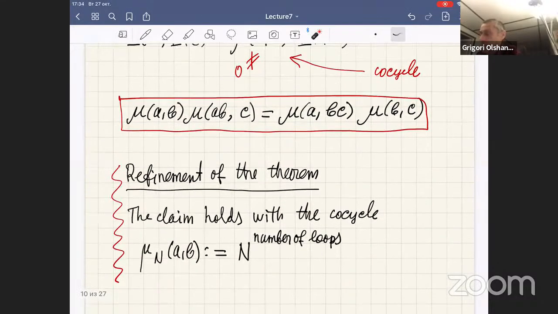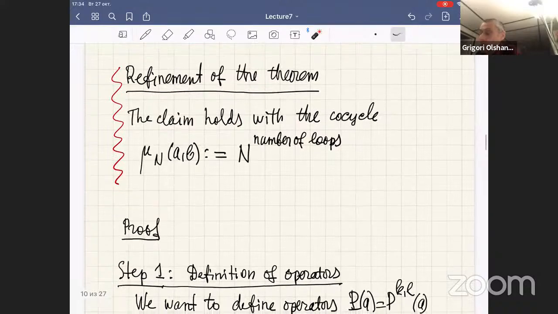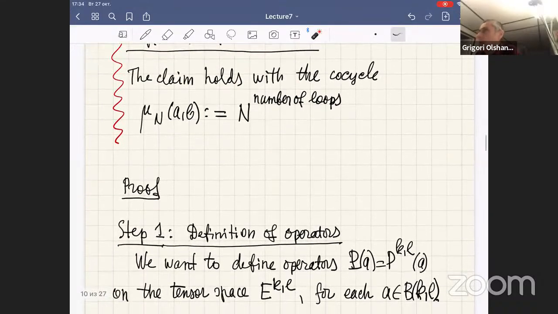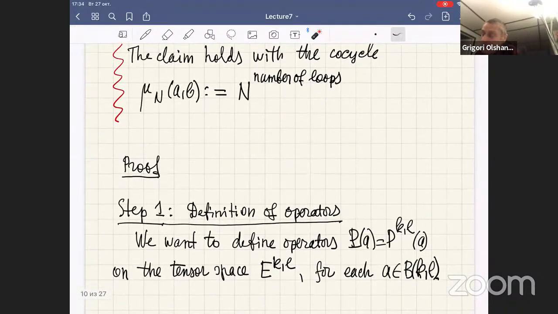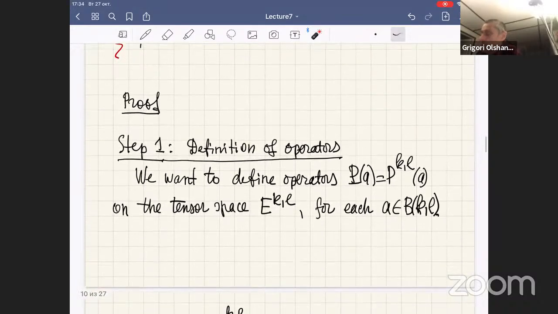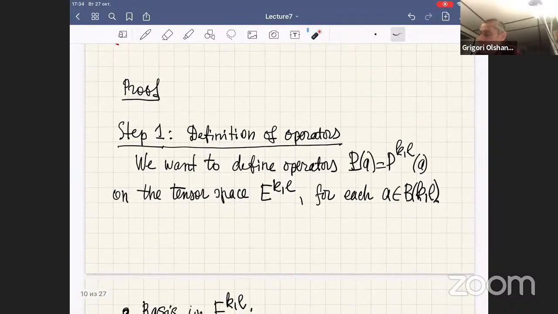So this is the theorem, but we need to prove it and to explain how to make this semigroup, the Brouwer semigroup, act on the space of mixed tensors, which is not evident. So step number one is just the definition of the future representation.